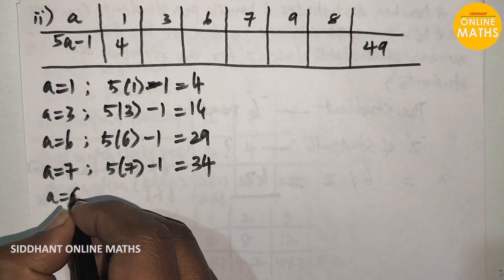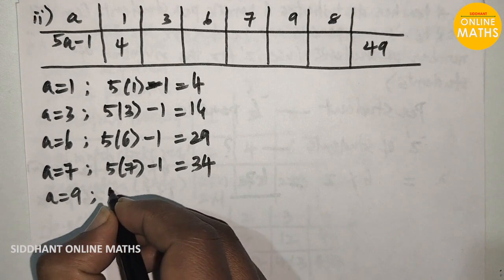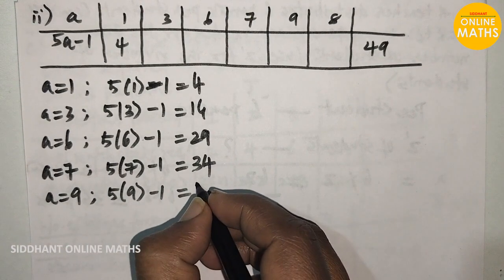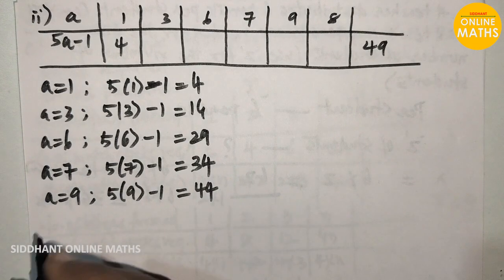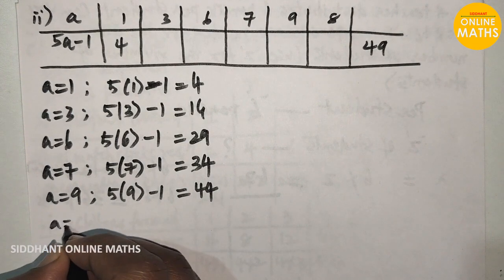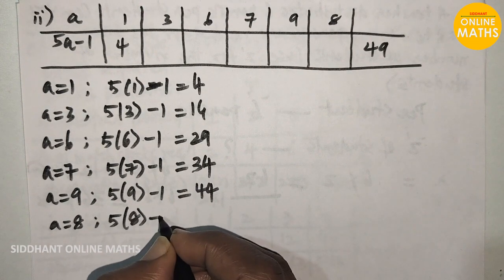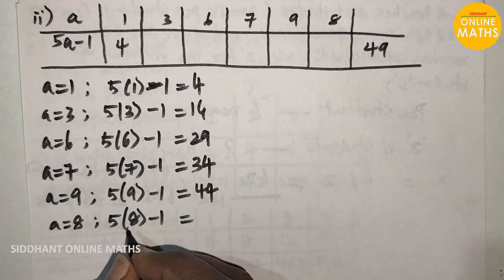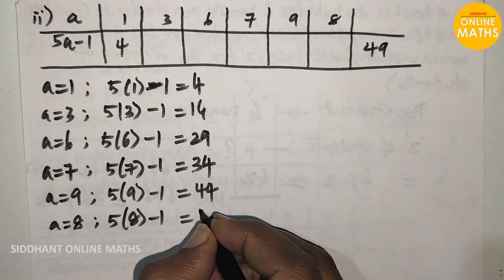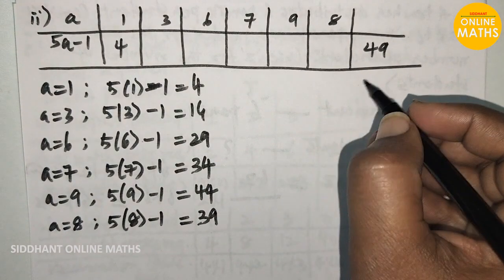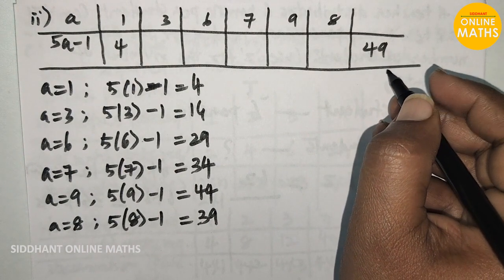If a is equal to 9, then 5 into 9 minus 1, 45 minus 1, 44. If a is equal to 8, 5 into 8 minus 1, that means 40 minus 1, you will be getting 39.